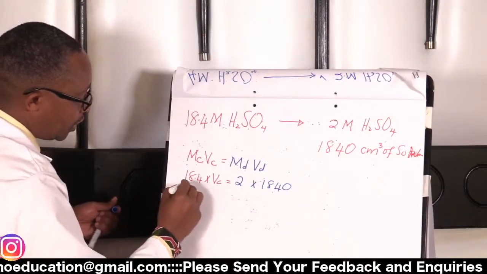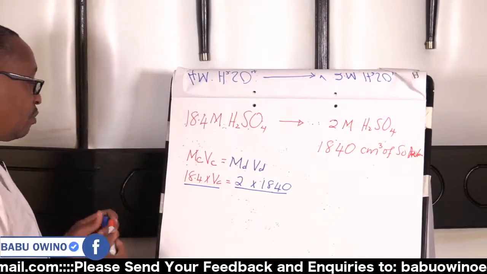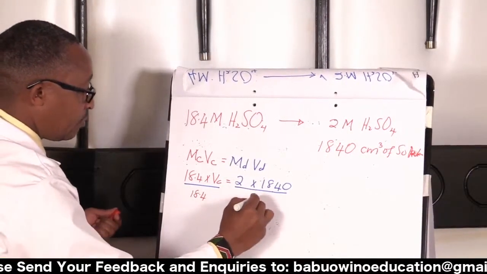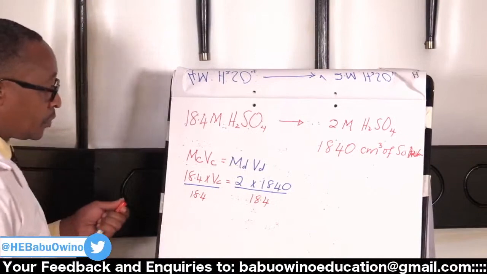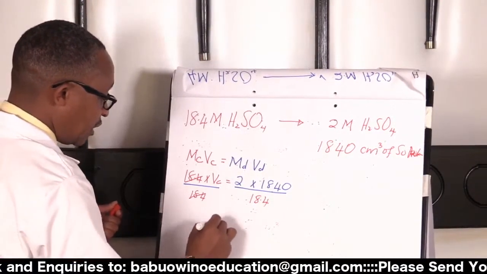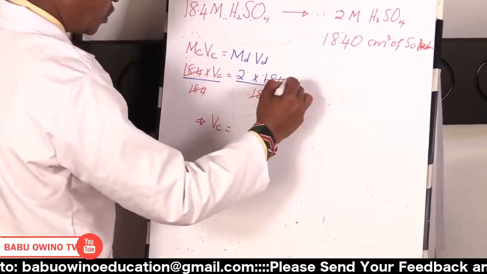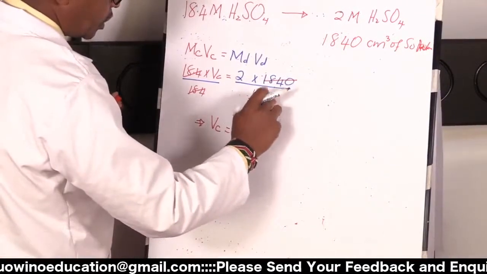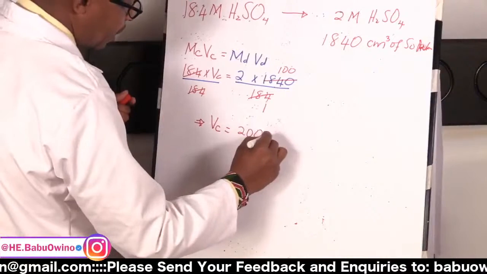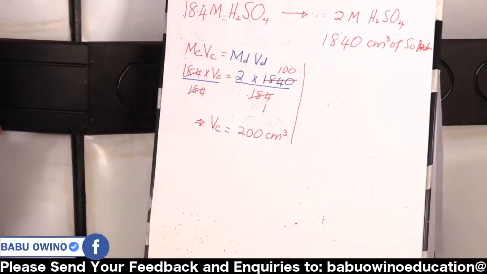So if we divide here and here by 18.4, then this divides with that, and you are left with VC equal to this, which gives you 100. So you require 200 centimeters cubic.